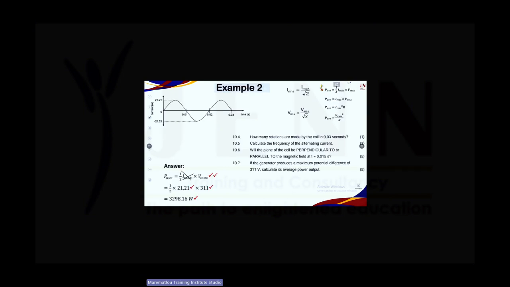So if you look at your alternating current, they will specifically give you a picture. I'm just quickly going back so we can look at a picture. So they will specifically give you a picture at a specific moment.